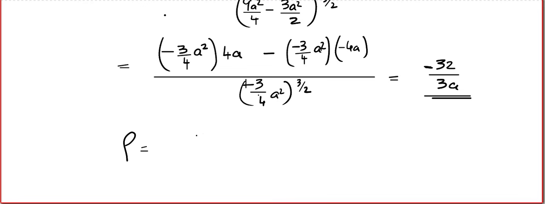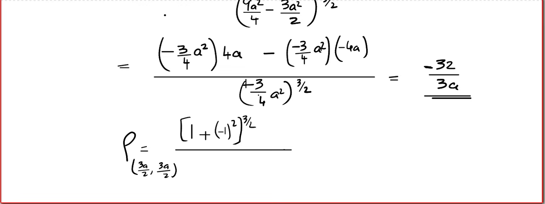Again, all these values. So the value of rho at 3a by 2 will be 1 plus minus 1 the whole squared, the whole power 3 by 2, the whole divided by minus 32 by 3a. By the way, you might be wondering why we are getting radius to be positive.